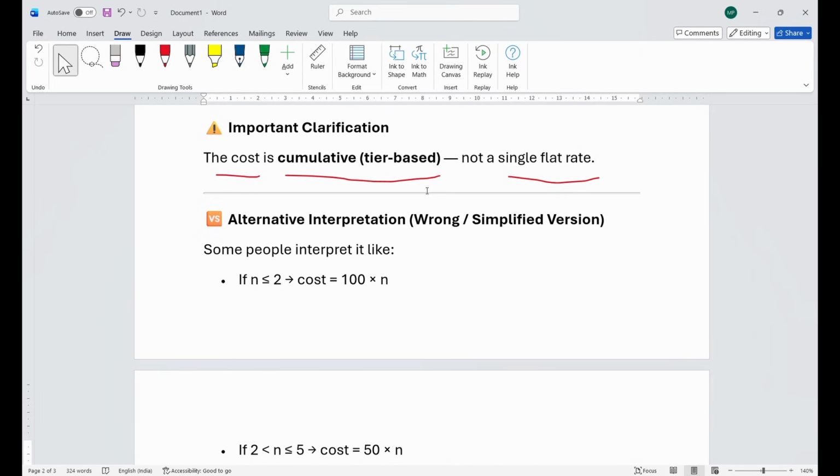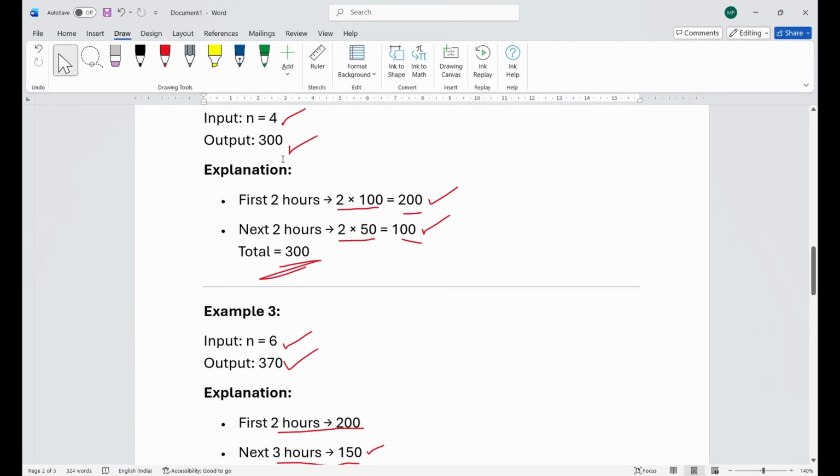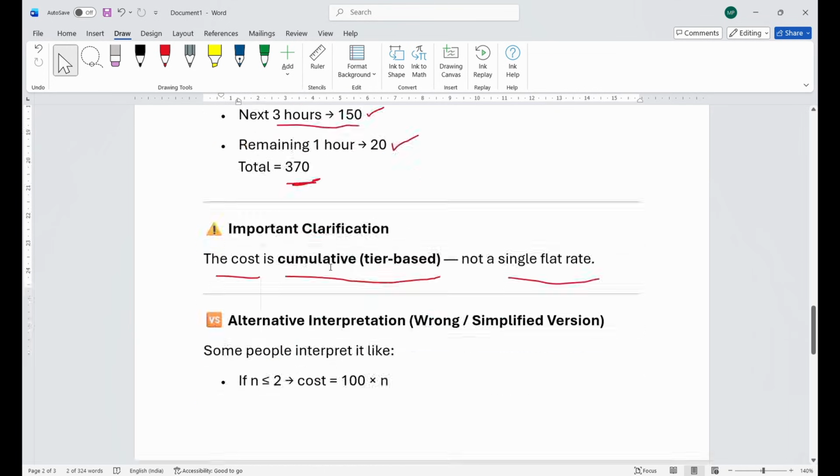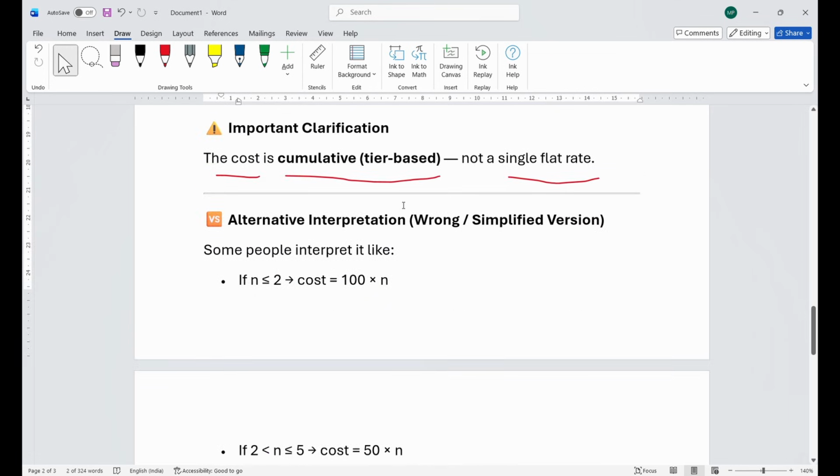If it exceeds the first condition, that part is calculated as a constant price. As in example 2, for the first 2 hours it is a constant 200. For the hours greater than 2, up to 3 hours, we charge 50 rupees per hour. This is called the cumulative approach: we use the previous condition as a constant in the current condition.